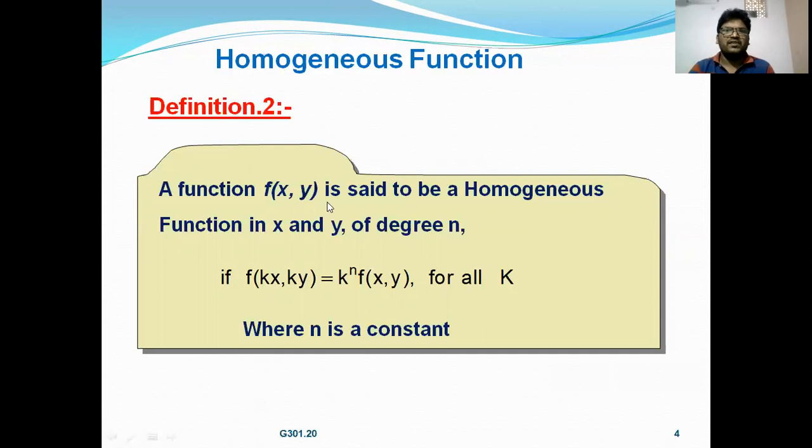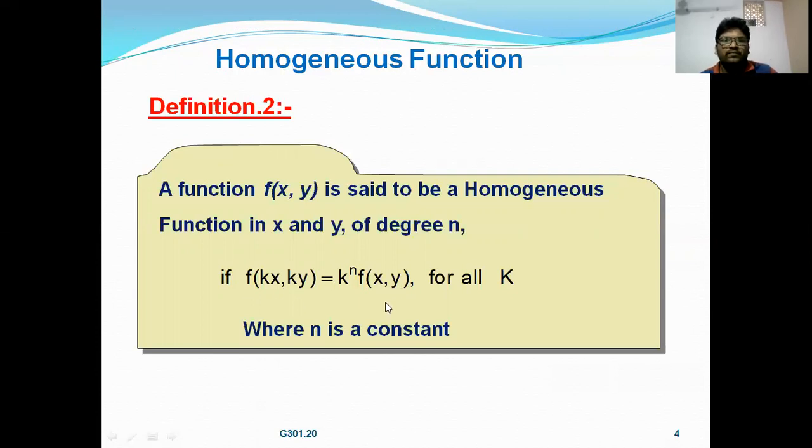A function f of x comma y is said to be a homogeneous function in x and y of degree n if f of kx comma ky is equal to k to the power of n into f of x comma y for all k, where n is the constant. This is the homogeneous function.